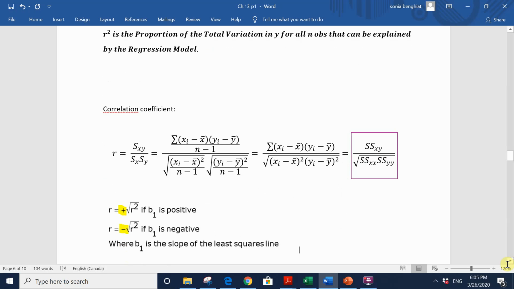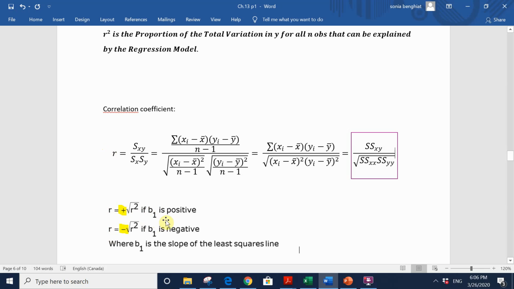Okay. What's neat also about R is that you can say that, in fact, it is equal to the square root of your coefficient of determination, right? R square here is the sample coefficient of determination. So if I take the square root of that, I can get my correlation coefficient. There's just one little problem here. The correlation coefficient, let's not forget, can be negative or positive, right? So how do we decide? Well, we decide based on our estimated slope, B1.